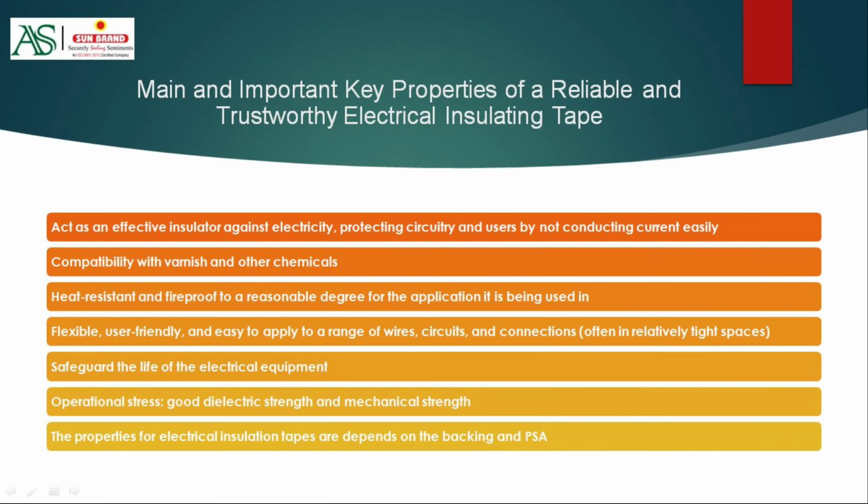To summarize the properties, the main and important key properties of a reliable and trustworthy electrical insulating tape are that it must act as an effective insulator against electricity, protecting circuitry and users by not conducting current easily; compatibility with varnish and other chemicals; heat resistant and fireproof to a reasonable degree for the application that it is being used for; flexible, user-friendly and easy to apply to a range of wires, circuits and connections, often in a relatively tight space; safeguard the life of the electrical equipment; and operational stress, which is good dielectric strength and mechanical strength.